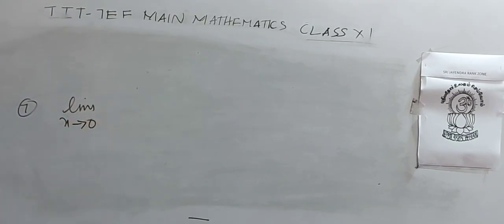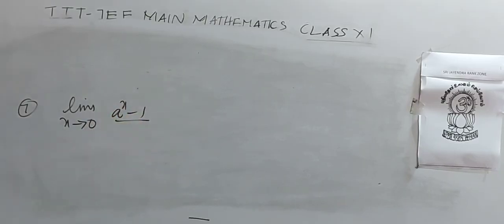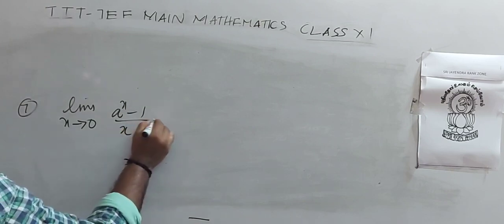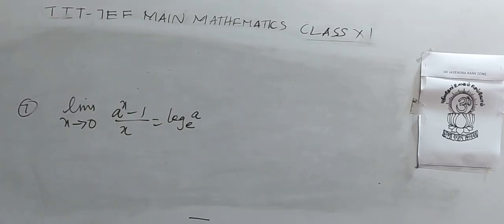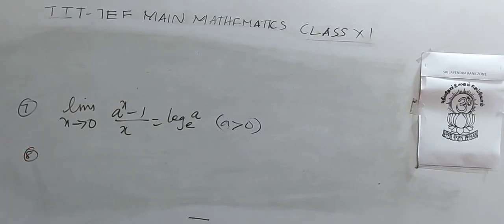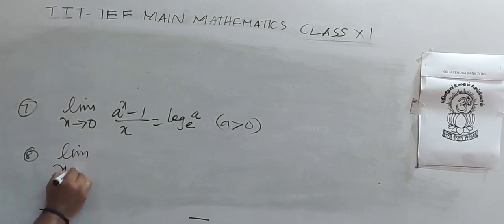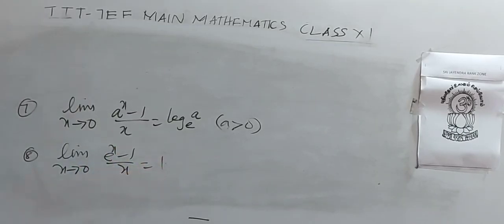Limit x tends to 0 of (a power x minus 1) by x equals log a to the base e, a greater than 0. Limit x tends to 0 of (e power x minus 1) by x equals 1.